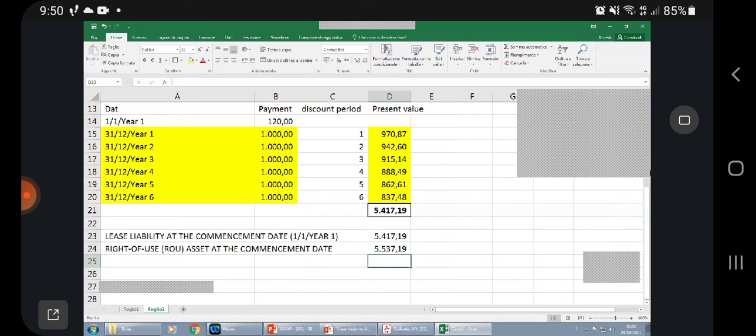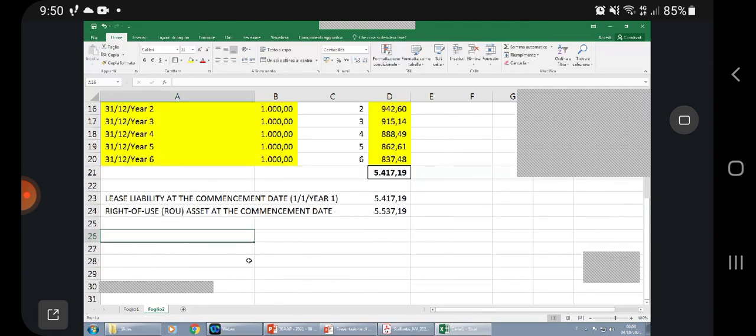So this means that if we want to make the double entry record at the commencement date, it's up to you. You can make 2 different accounting entries or just one, as you prefer.